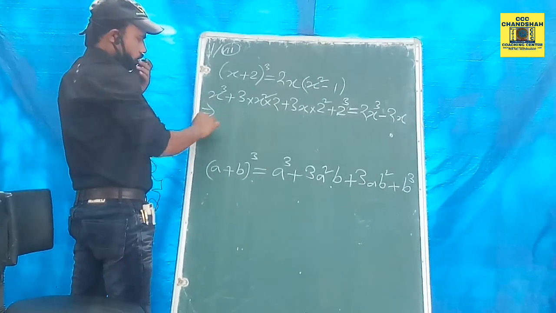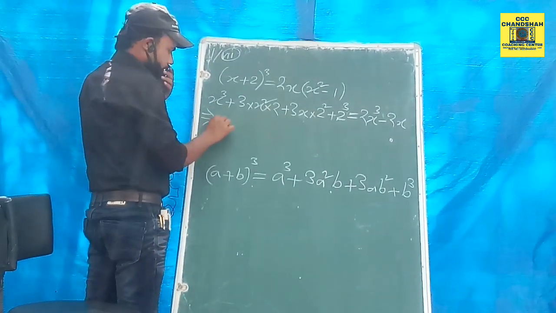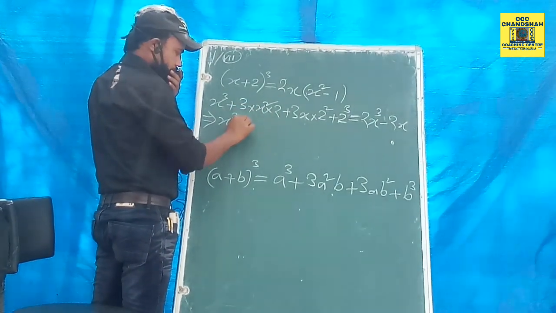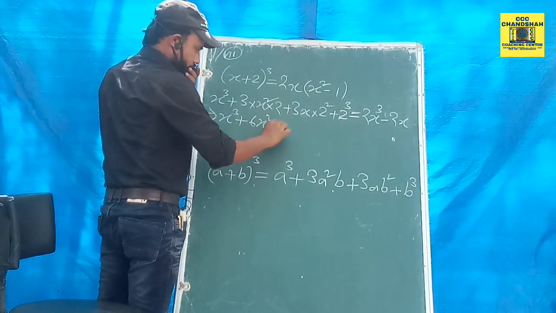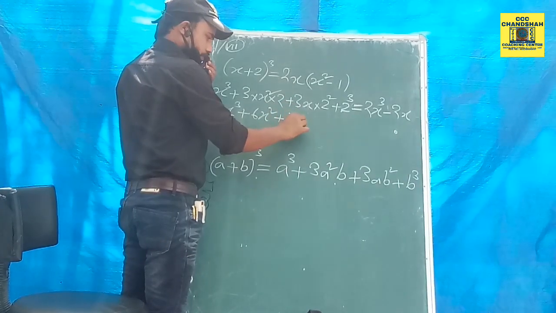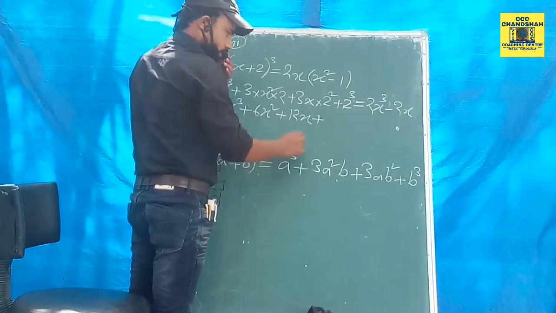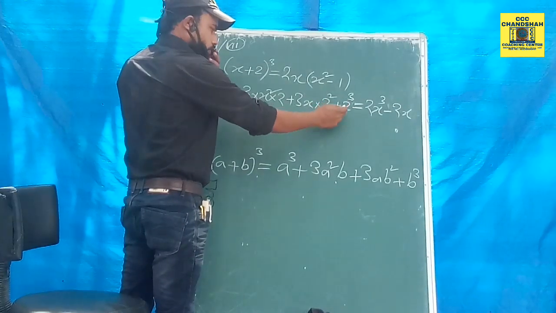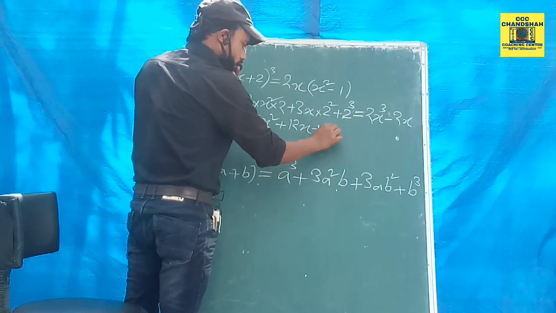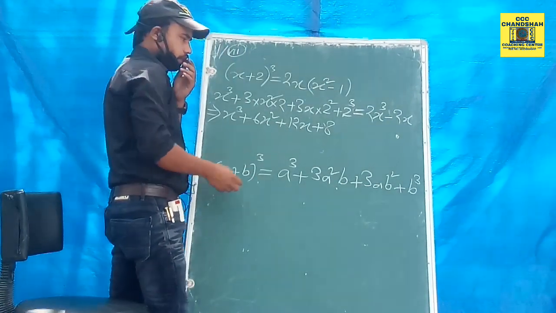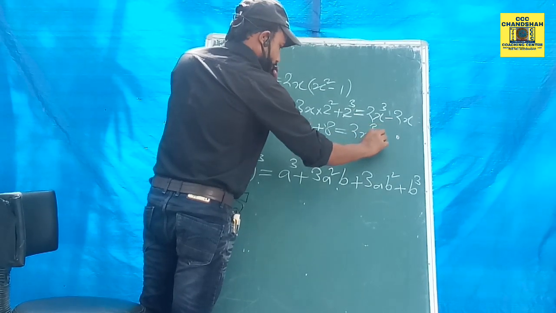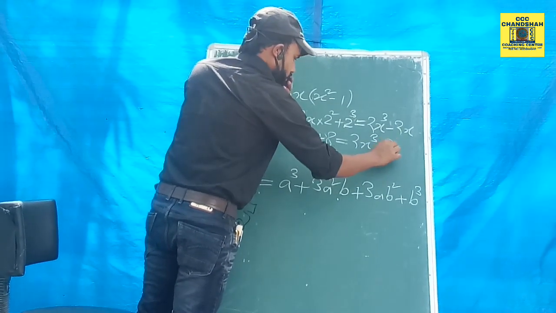Now x cube plus 6 x square plus 12 x plus 2 cube, which implies 8, is equal to twice x cube minus twice x.